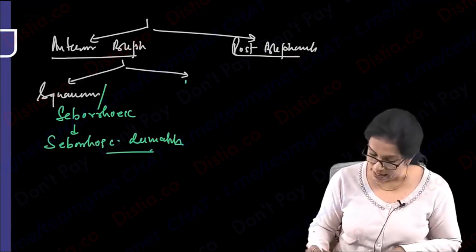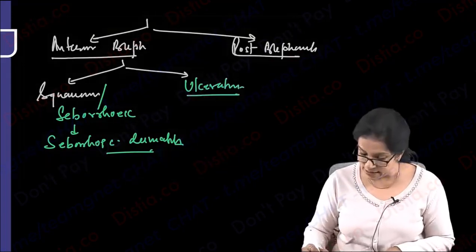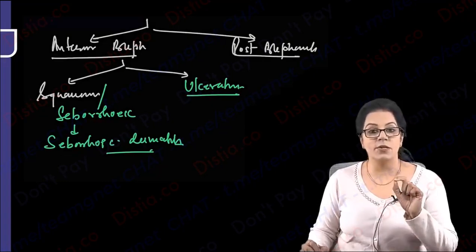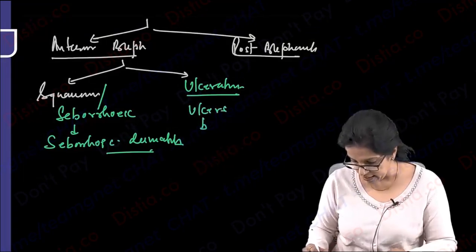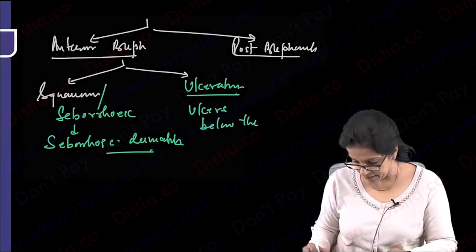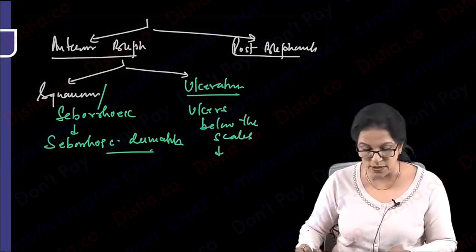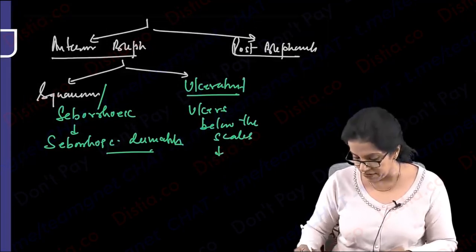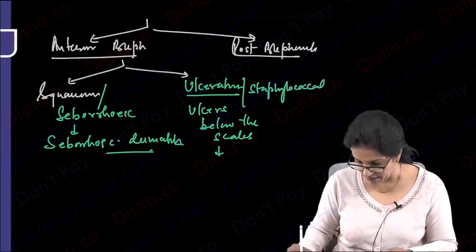Second type will be ulcerative, where there are scales below which there are ulcers. So you can note down: ulcers below the scales. This happens due to staphylococcal infection, so you can also call it staphylococcal blepharitis.